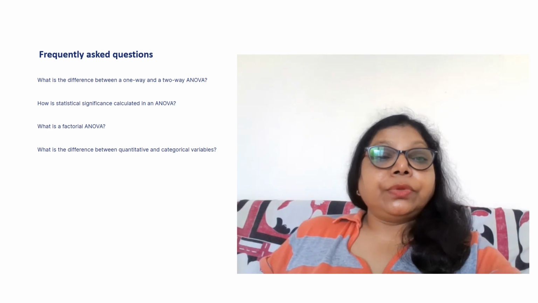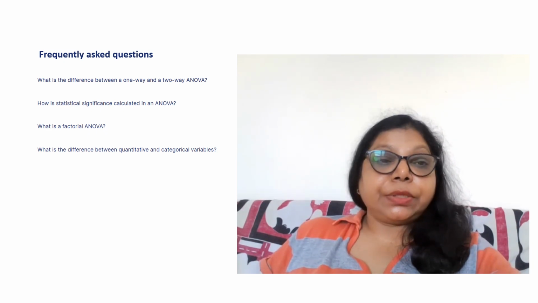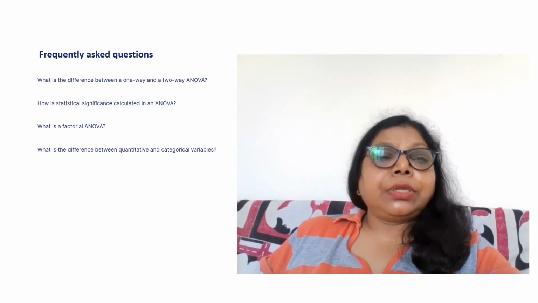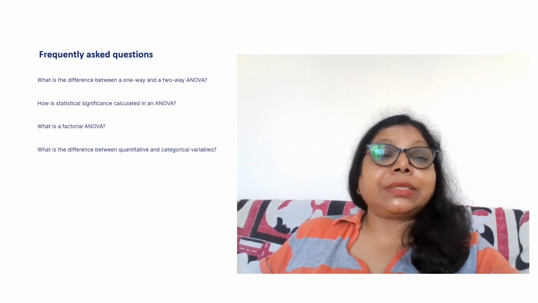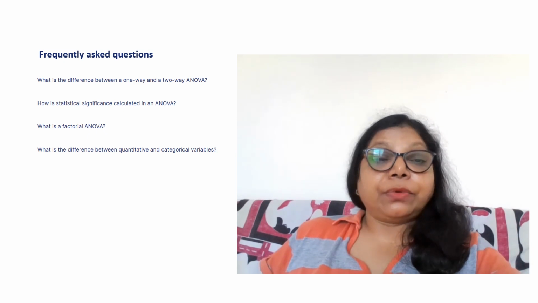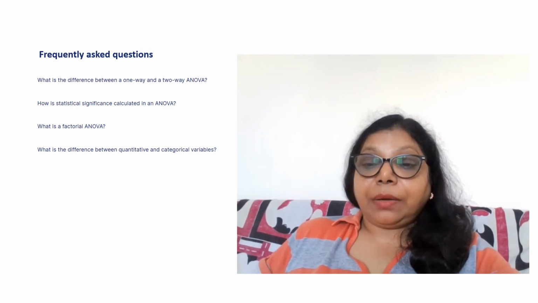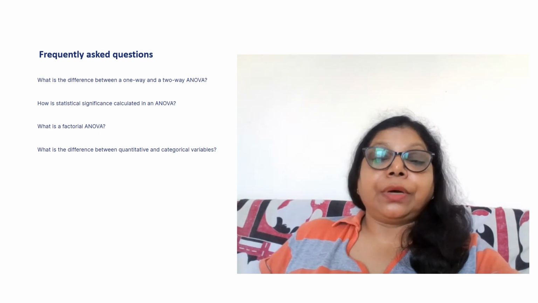Then we come to frequently asked questions. Mostly people confuse the difference between one-way and two-way ANOVA, which I have already dealt with in the previous session. Then, how is statistical significance calculated in ANOVA? What is factorial ANOVA? And what is the difference between quantitative and categorical variables? Although I have answered these questions in the previous session also, again I would like to repeat for you.